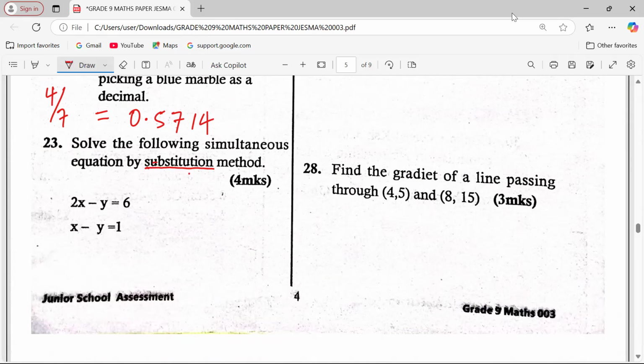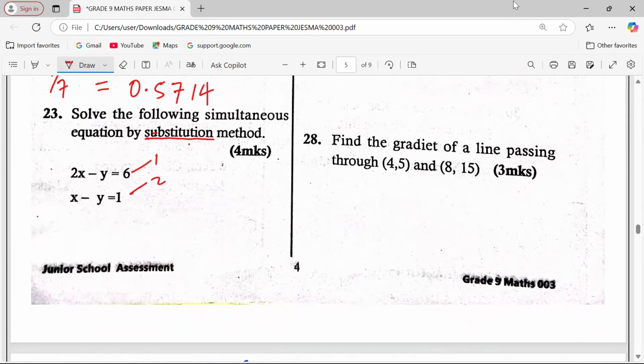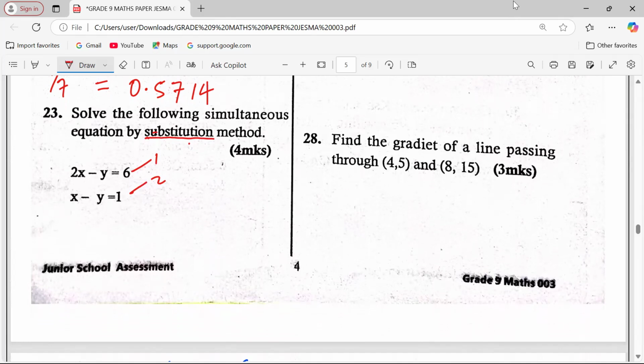Looking at how the variables are, in equation 2, this is 1, and this is 2. So from equation 2, it will be easier to express x. So the value of x from 2 is going to be 1 plus y, because we have to take y to the right-hand side where it becomes positive.